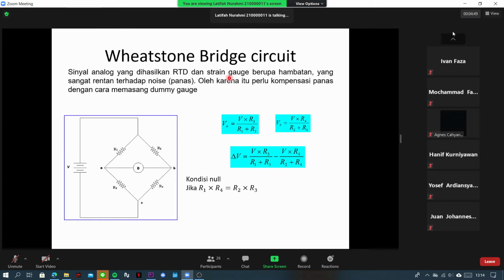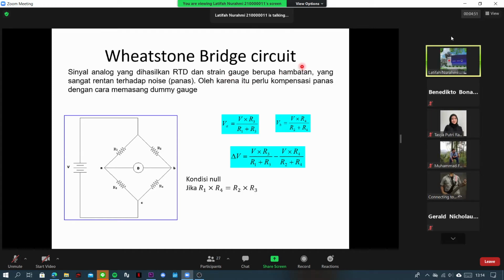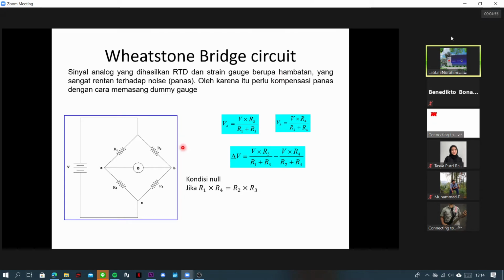So please check the video if you want to see a more detailed explanation. And at both points, point A and point B, we put a current here so that we can measure the V output, the voltage. So the voltage at point A and the voltage at point B, you can formulate as follows.